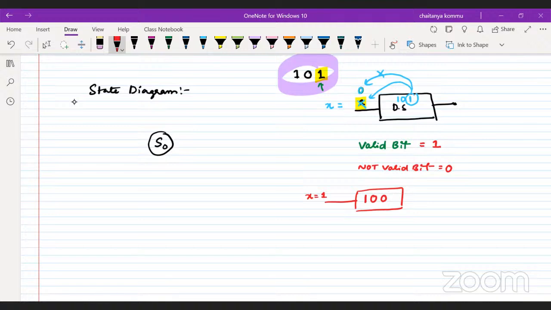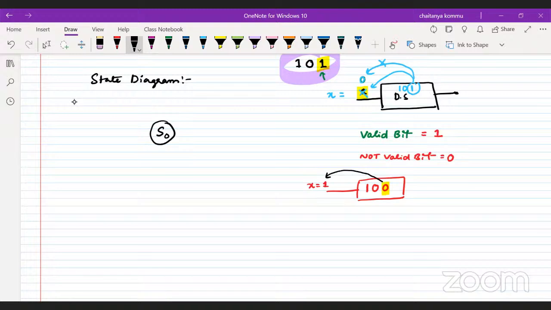Please remember, I'm saying that the first bit is the LSB bit actually. If the first bit is a logic 0, that means it's not a valid bit here. I particularly said it is an LSB bit. So according to the first being the LSB bit, this is a not valid sequence.